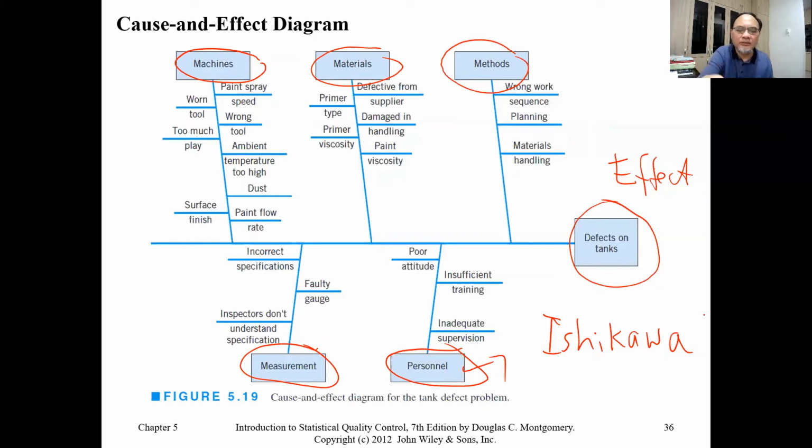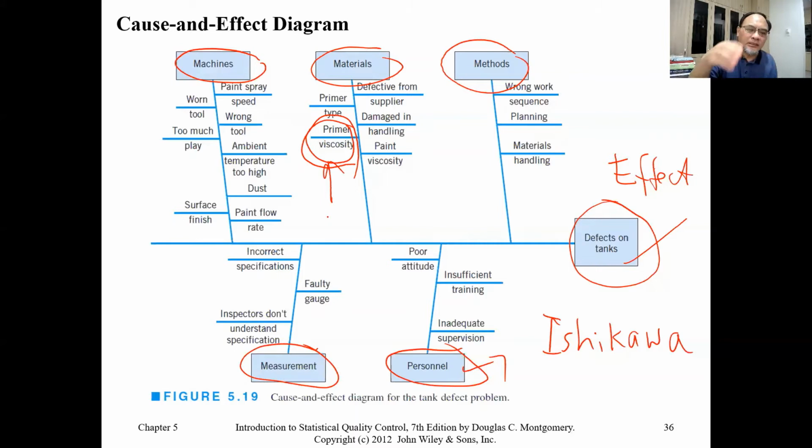But of course, at the end of the day, these are the possible causes. Further to that, the group will decide which ones, for example, need to be investigated further. For example, defects on tanks: if it is decided as part of the quality improvement activities that you need to further investigate the viscosity of the primer, you can use other tools like scatter diagrams, or you can use control charts to see whether the process on the viscosity is within the control limits or not.